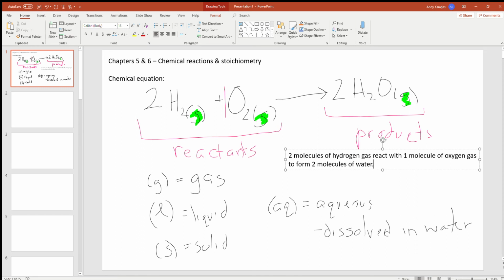There's only one problem with thinking about reactions in this way. Anyone know how many molecules are contained in a single drop of water?